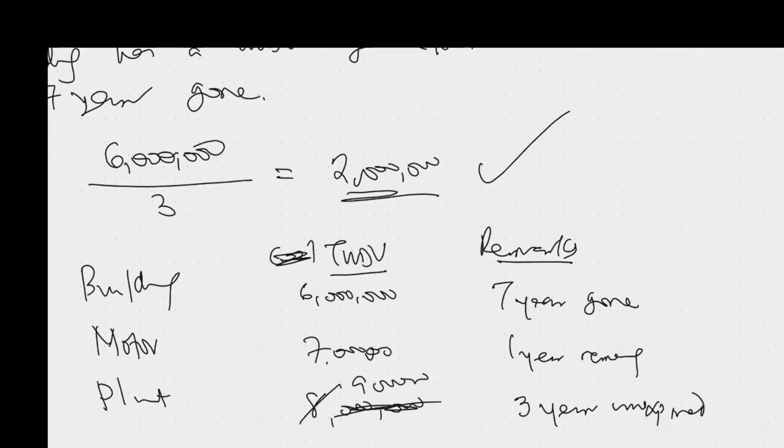So capital allowance is on page 236 of our pack. Let's look at question number 3, page 242. Yeah, let's go.